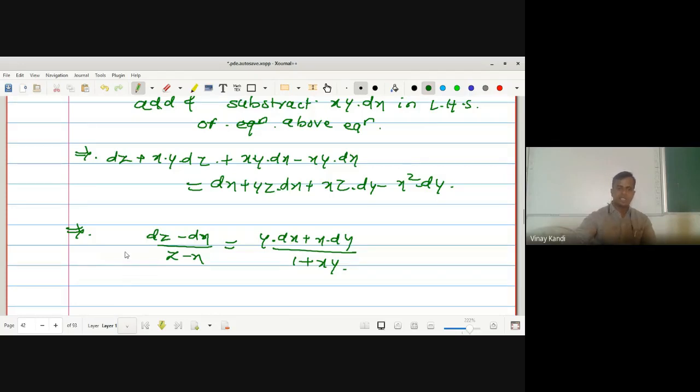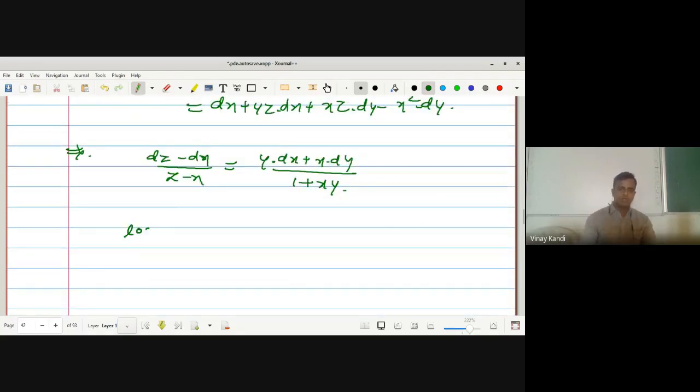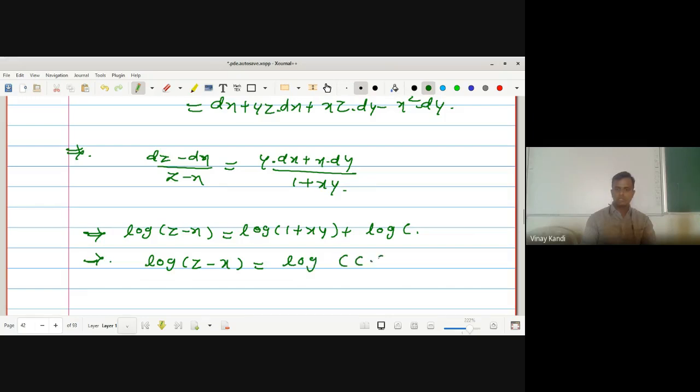Okay, if we take the integration of this, what will come: log (z minus x) is equal to log (1 plus xy) plus log c. Okay, which implies log (z minus x) is equal to log c into (1 plus xy), which implies z minus x is equal to c into (1 plus xy).